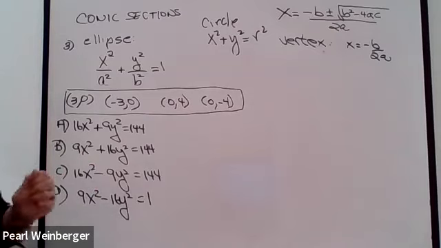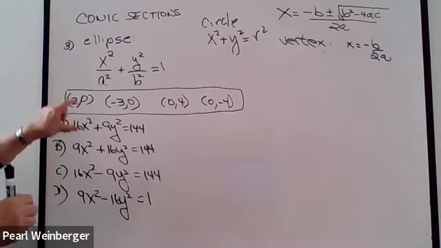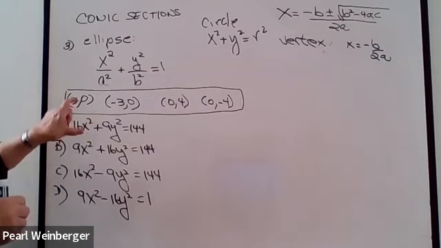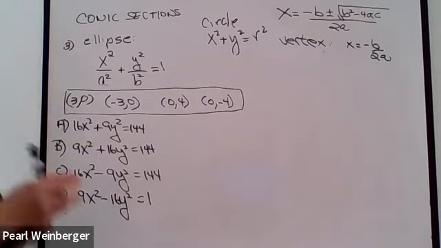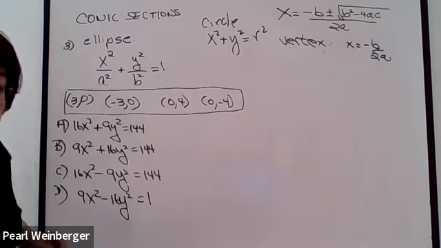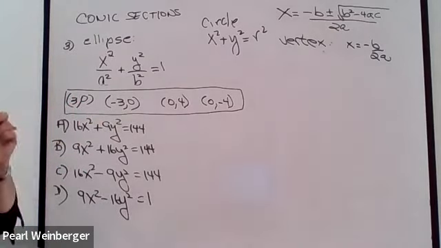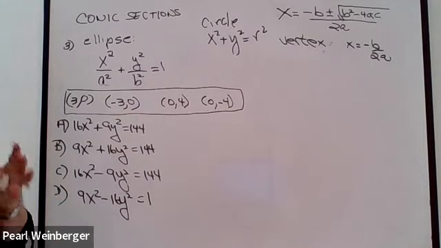But we know it can't be an ellipse because between the x squared and the y squared in an ellipse and in a circle, it has to be plus. Both the x squared and the y squared have to be positive.